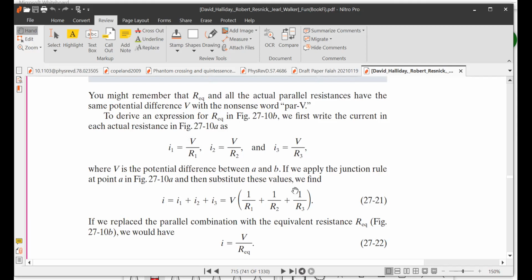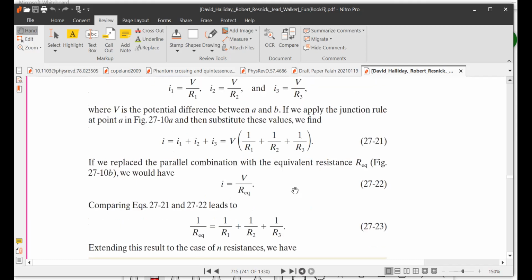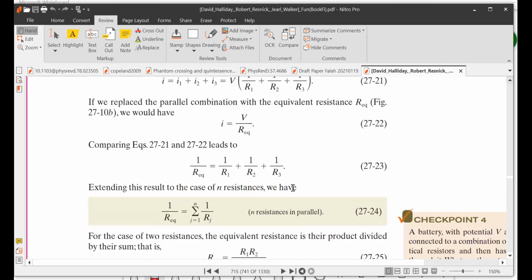From the above formulae, we could get equation 27-21, which we could cast into equation 27-22, where 1 over R_eq is equal to equation 27-23 if there are three resistors.